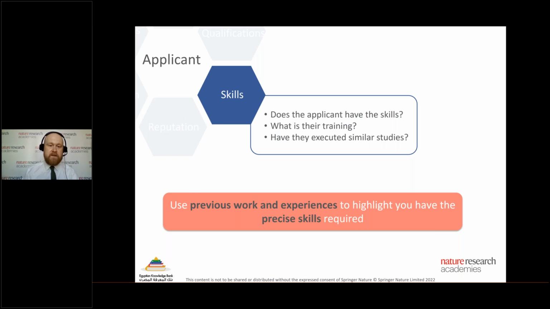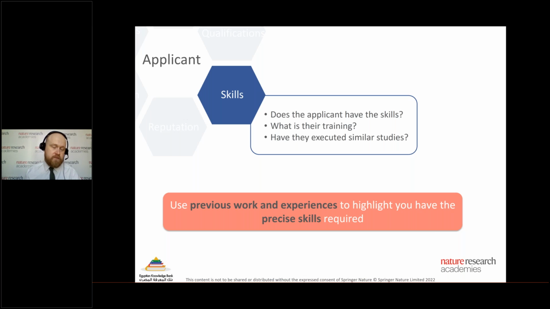Or indeed, if you don't yet have the skills, have they demonstrated in their proposal a plan to begin learning and developing skills? One way to develop and learn skills that we're not yet familiar with is through collaboration.